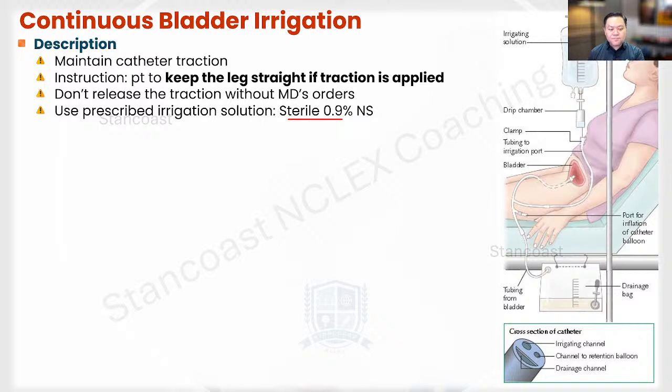This is sterile and has the same osmolality as the body. We're not going to administer sterile water, because it is hypotonic. We don't want that kind of fluid to get into the patient's system. It can cause dilution, and it can cause hyponatremia.